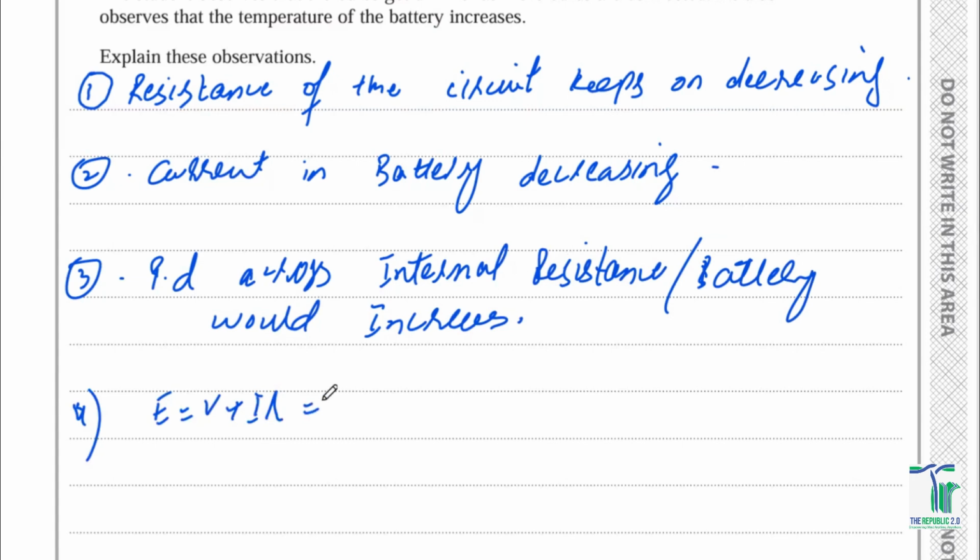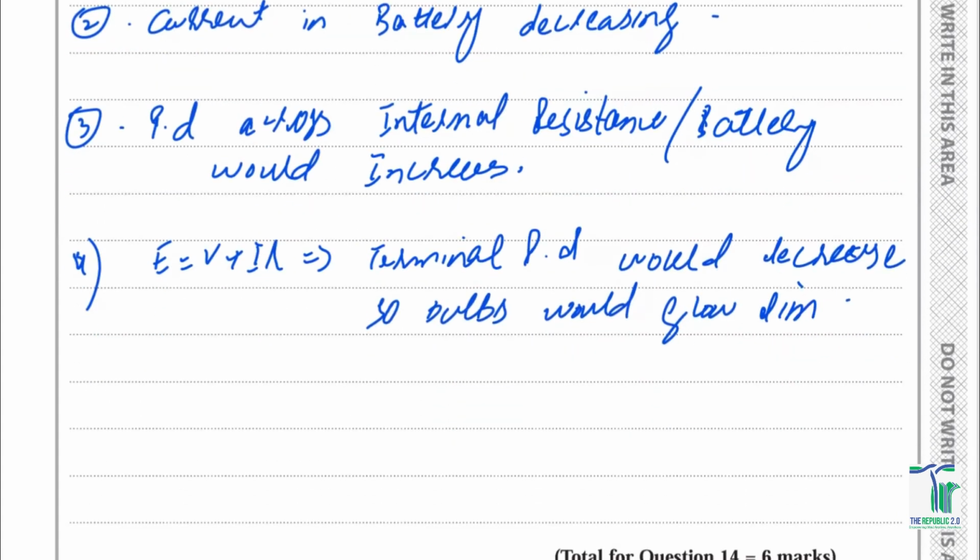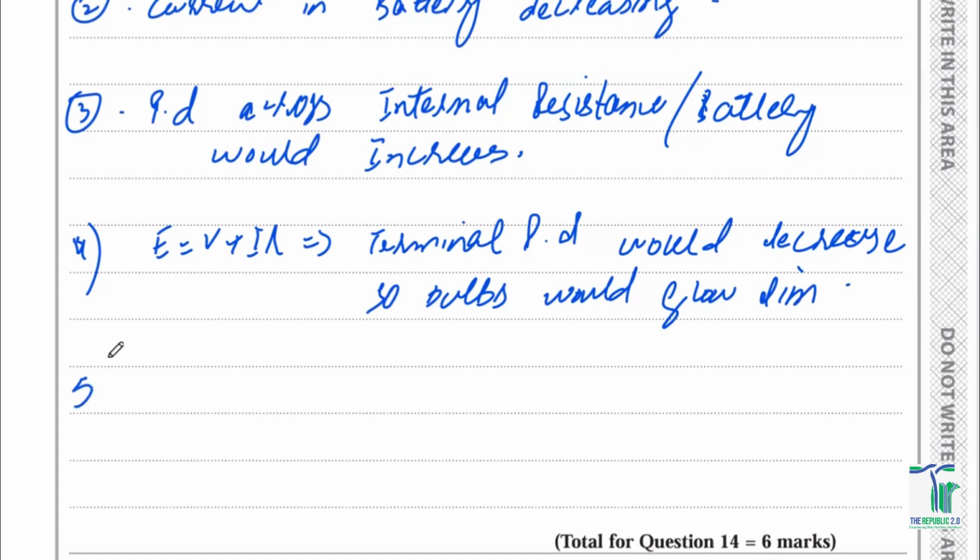By using this formula, we can eventually say that the terminal potential difference would decrease. And as the terminal potential difference decreases, the bulbs would glow dim.